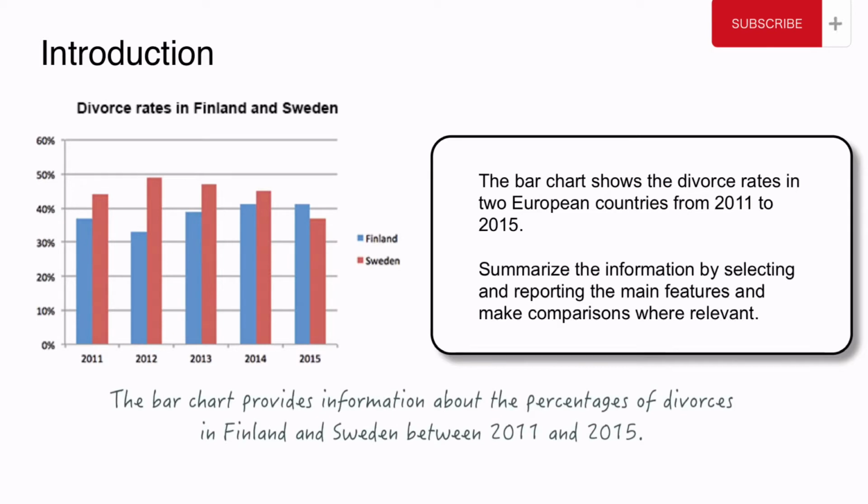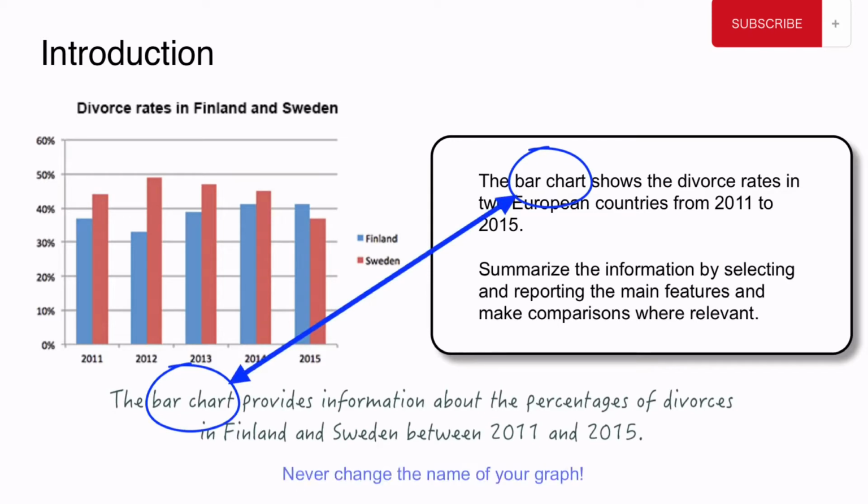The bar chart provides information about the percentages of divorces in Finland and Sweden between 2011 and 2015. You can notice that I did not change the name of the chart, and you should never change the name of your graph either. Remember, a table is a table, a bar chart is a bar chart, and a line graph is a line graph, so I kept the bar chart.